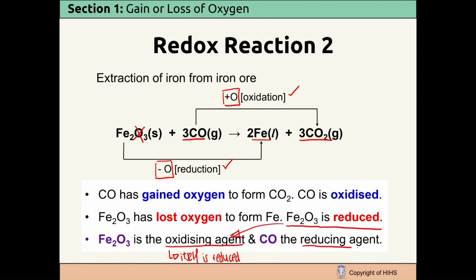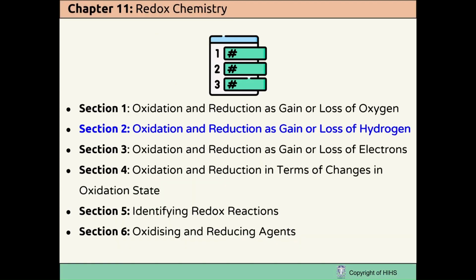So for your reducing agent, itself is oxidized. So who is oxidized in this reaction? Carbon monoxide. So your carbon monoxide is the reducing agent. Okay, so those two are the examples for the very first part, oxidation and reduction as a gain or loss of oxygen.